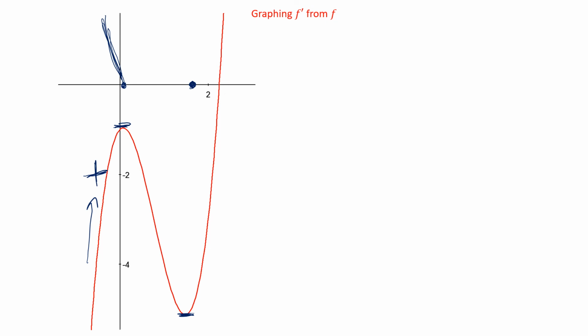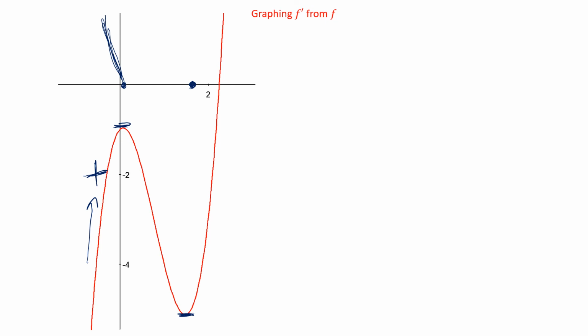And it confuses people because they see it's like, well, no, but that's a negative slope. Yes, that is a negative slope, but we're not looking at the slope of the blue one. We're looking at the y value of the blue one, comparing it to the slope of the red one. So the slope of the red one is positive there, which means that the y values have to be positive.